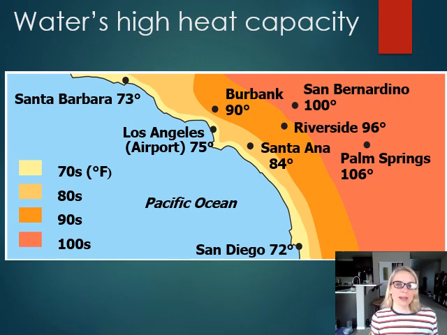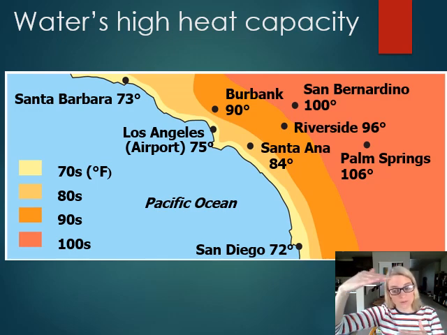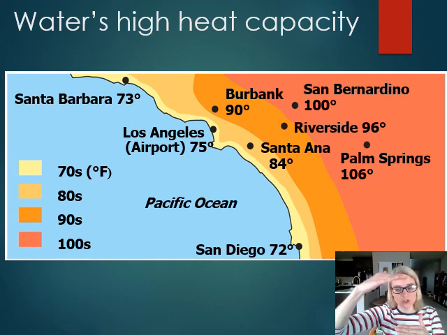The reason we have such a big difference in temperatures is because this huge body of water, the Pacific Ocean, can hold and absorb a lot of heat during the day and not change its temperature a great deal, because of all of that heat of vaporization. It takes a lot of energy before it goes from liquid water to gaseous water.